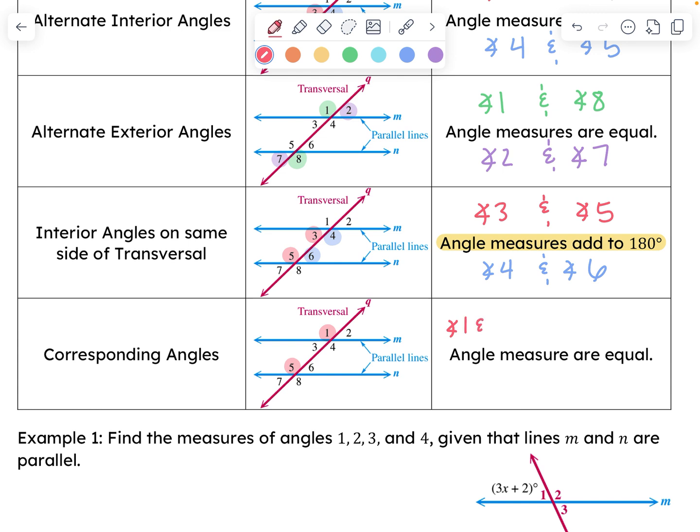Okay, another example would be angle 3 and 7. Another example would be angle 2 and angle 6. And then our last example would be angle 4 and angle 8.